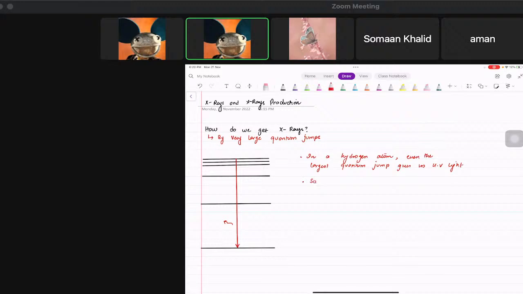Hydrogen cannot give X-rays, as simple as that.